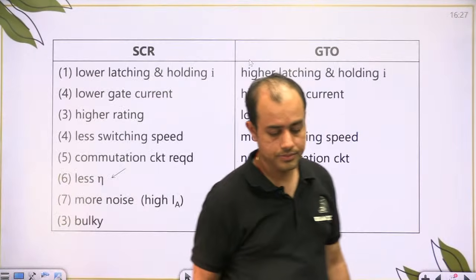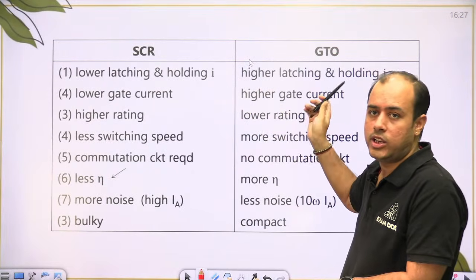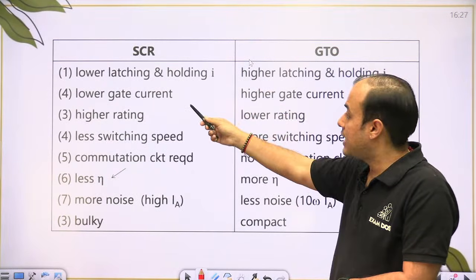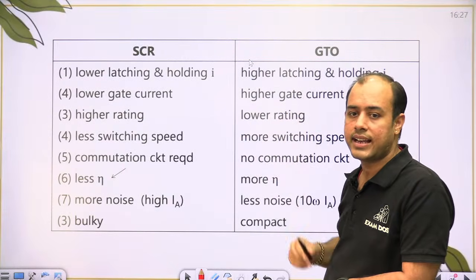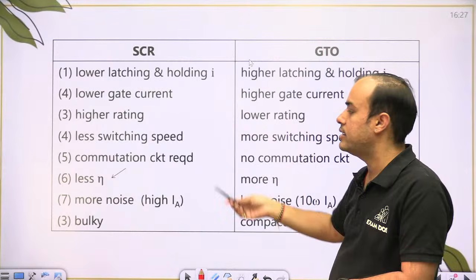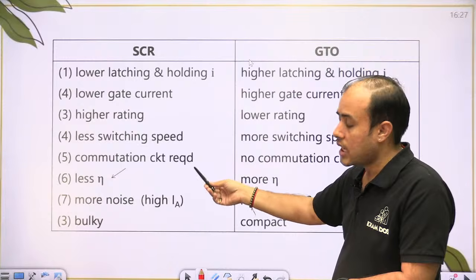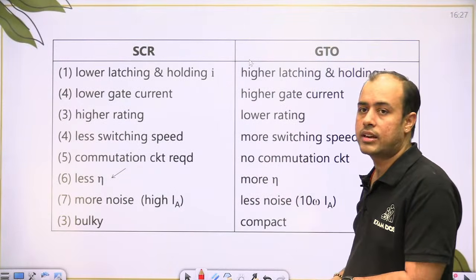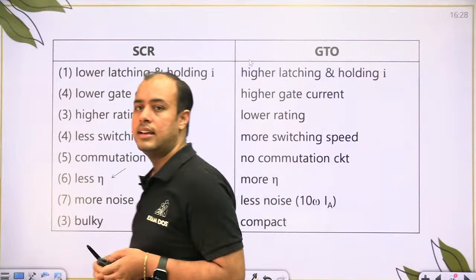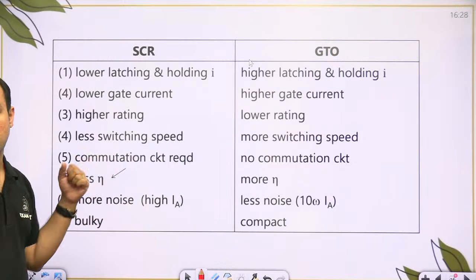Is that clear? Now, SCR has lower latching and holding current, GTO has higher. SCR has lower gate current, GTO has higher. SCR has higher rating, GTO has lower rating. SCR has less speed, GTO has higher speed. For turning off SCR, we need commutation circuit. GTO does not need any commutation circuit beta. Then SCR has less efficiency, GTO has more efficiency.